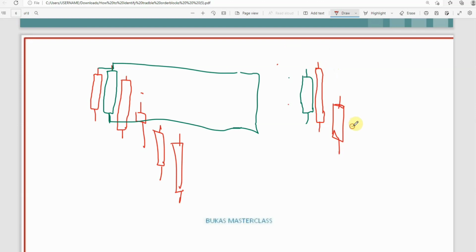These are candlesticks if you don't understand, and sell-offs, and continue down below.